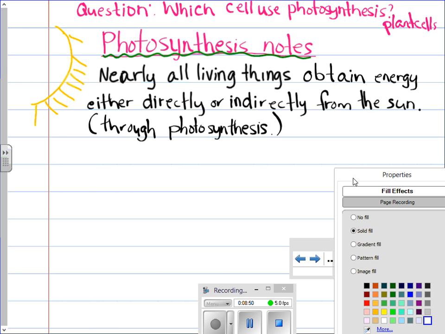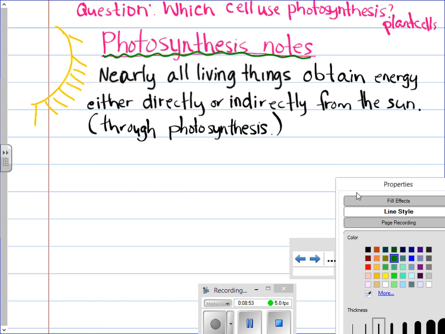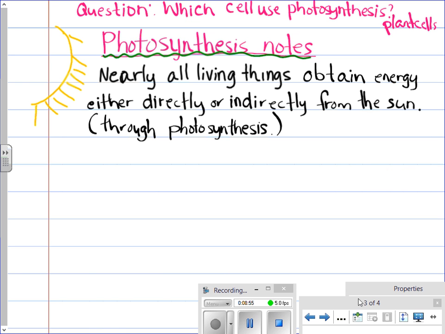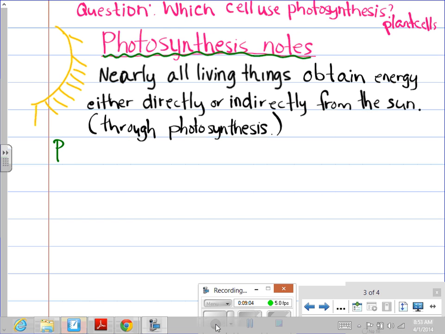I'm not going to change the page, but I am going to keep going. Now, photosynthesis, we have to be able to describe that. What is photosynthesis? Okay, that is good. So it is a process, for sure.